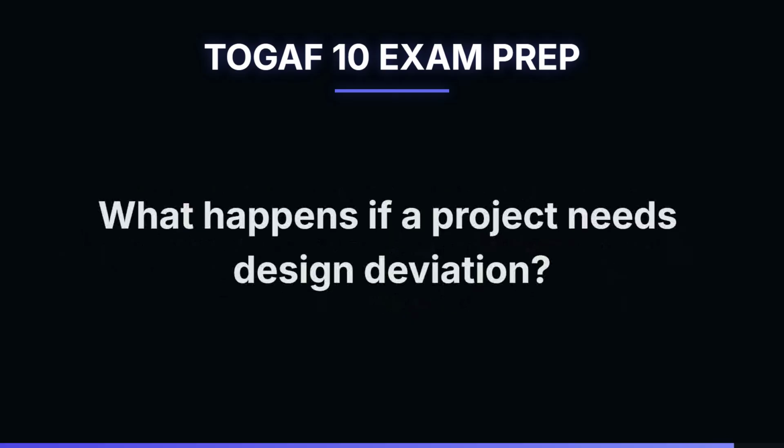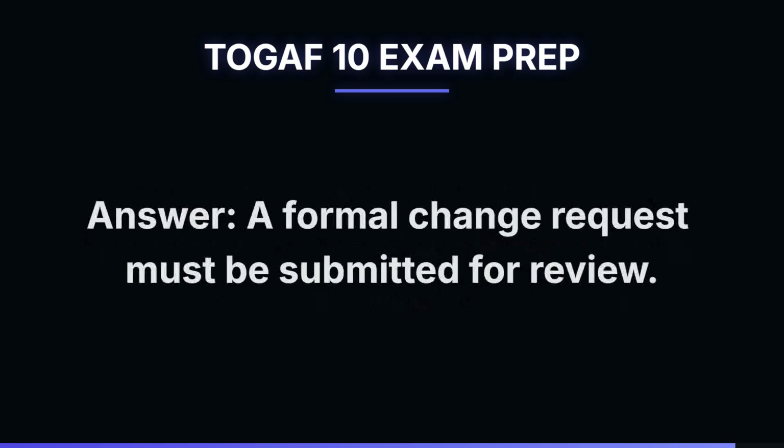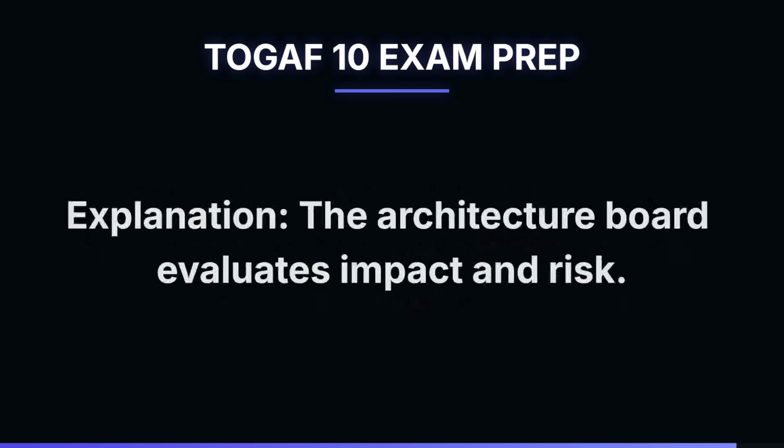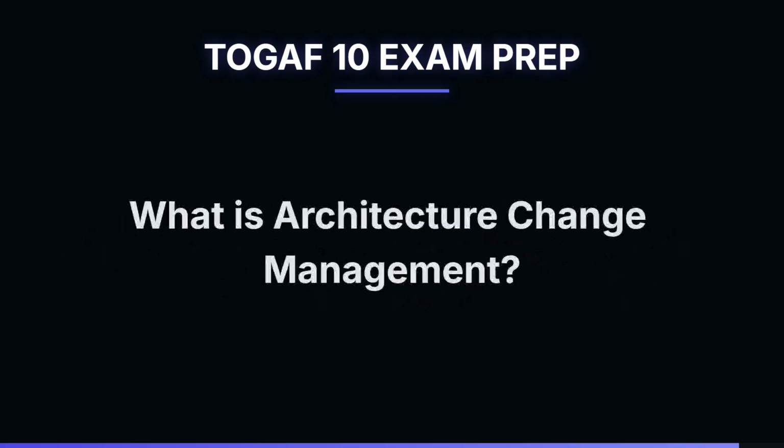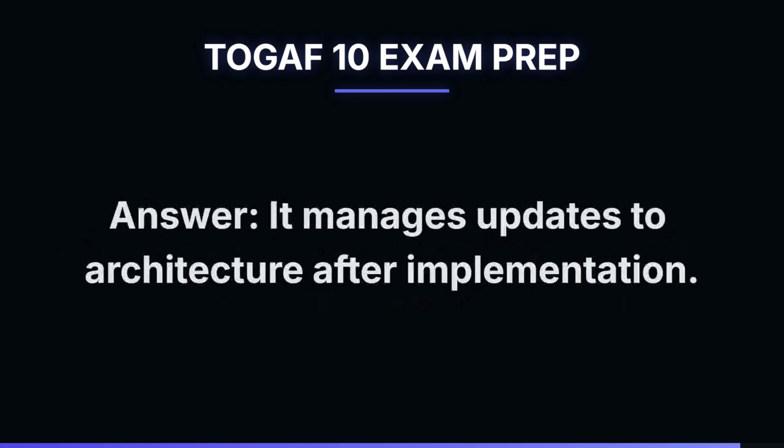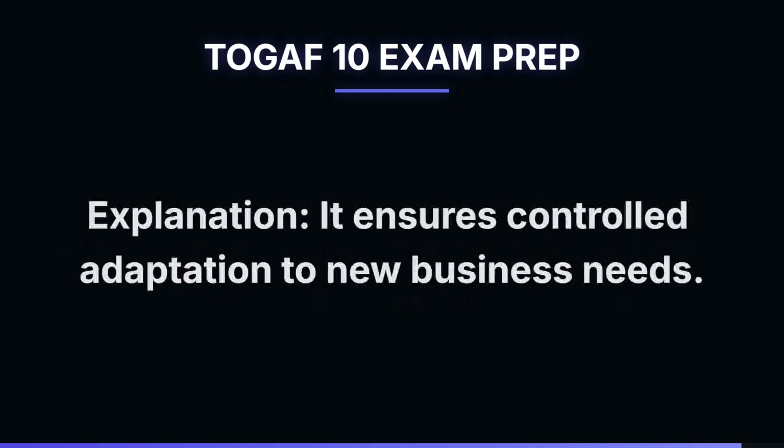3. What happens if a project needs design deviation? A formal change request must be submitted for review. The architecture board evaluates impact and risk. 4. What is architecture change management? It manages updates to architecture after implementation.